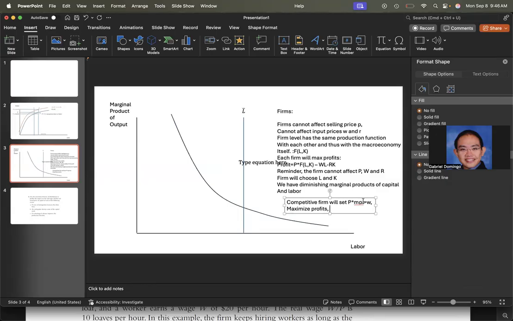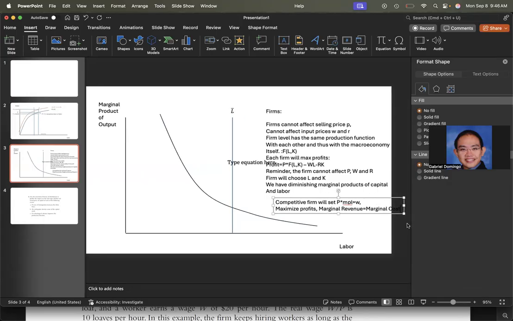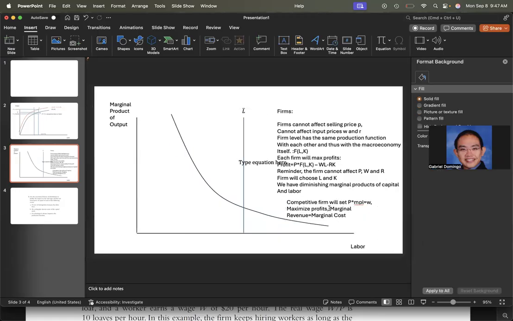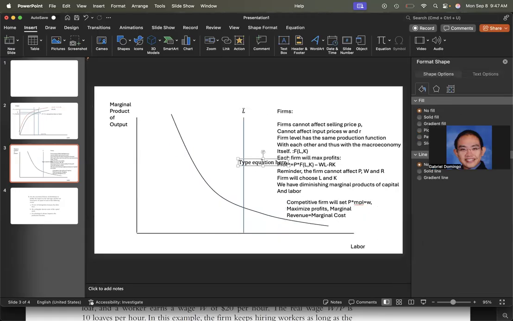Because here, it's basically marginal revenue. The interpretation of this is marginal revenue equals marginal cost of increasing output. Okay. All right.